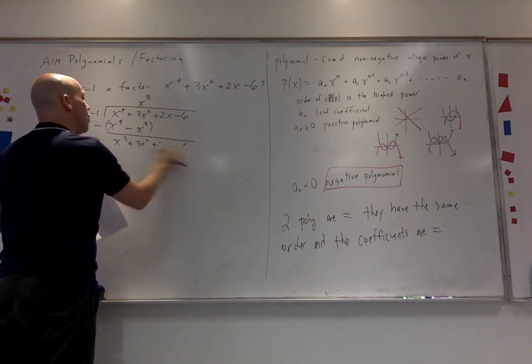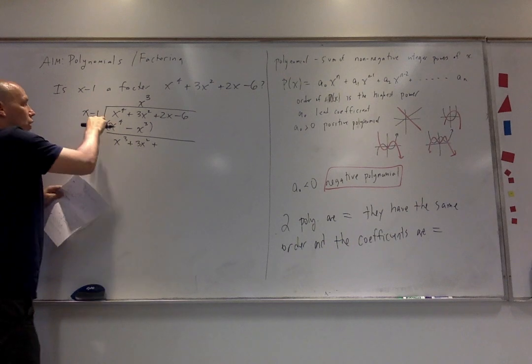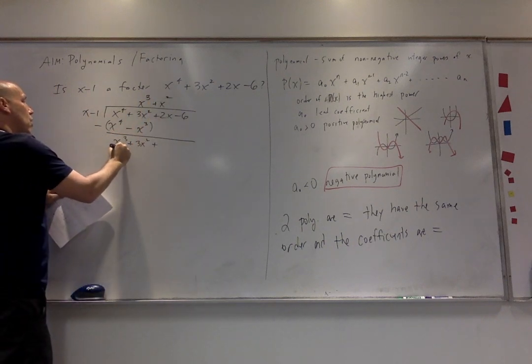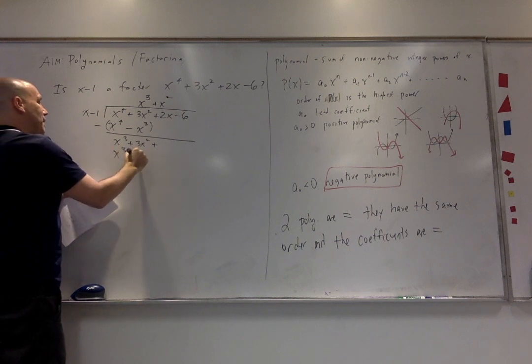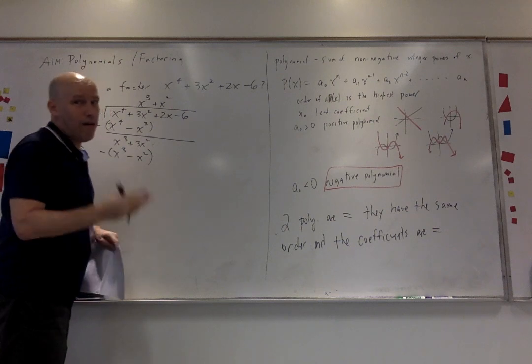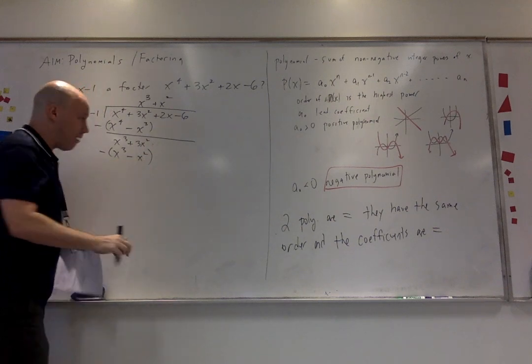Oh no, you don't bring it down. Next, we're going to multiply this by x squared. So we have x to the third minus x squared. We're going to subtract it. Remember old school division? This is why we taught you this in 5th grade.